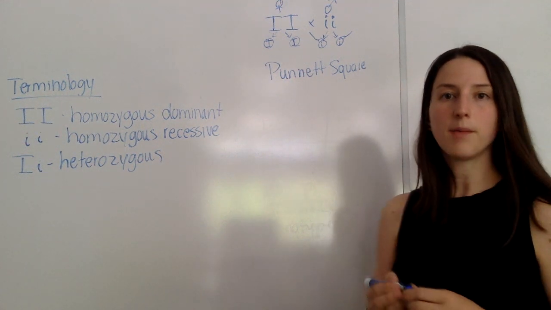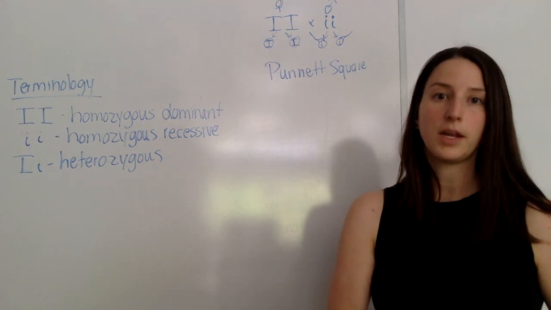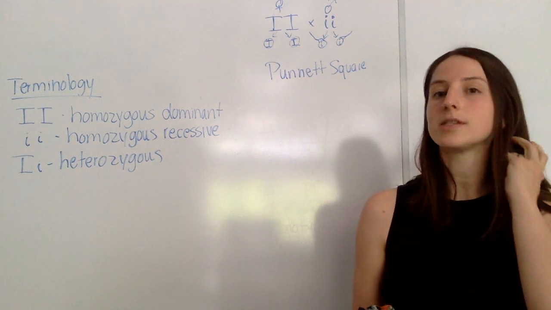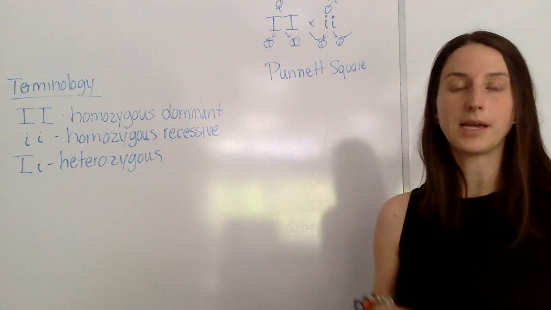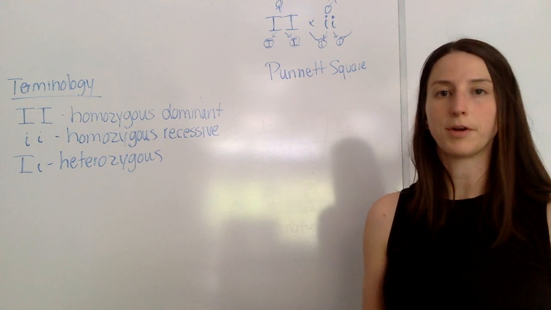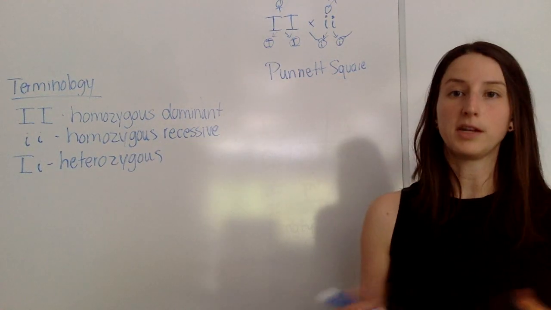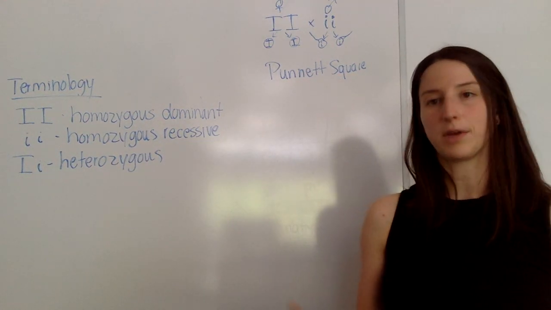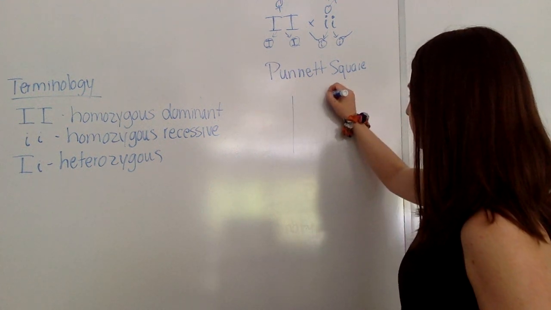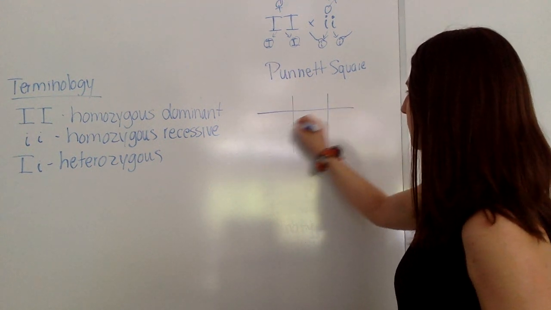Punnett squares are how we predict the probability of offspring having different traits. You are going to do an assignment where you make an imaginary baby with a friend, or you can choose a celebrity. You'll do Punnett squares for a variety of traits and see what your potential baby would look like. So for a Punnett square, you make a little grid like this.